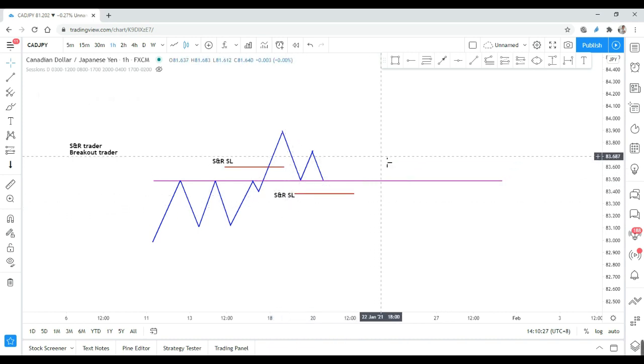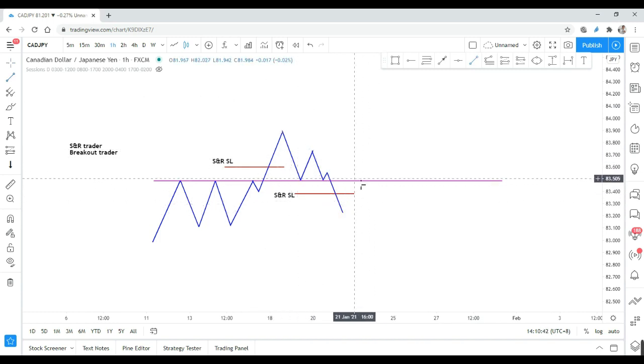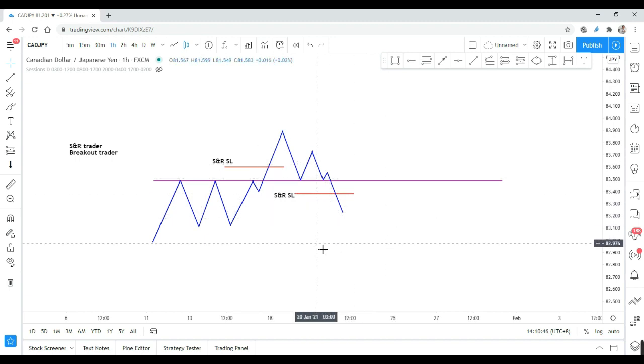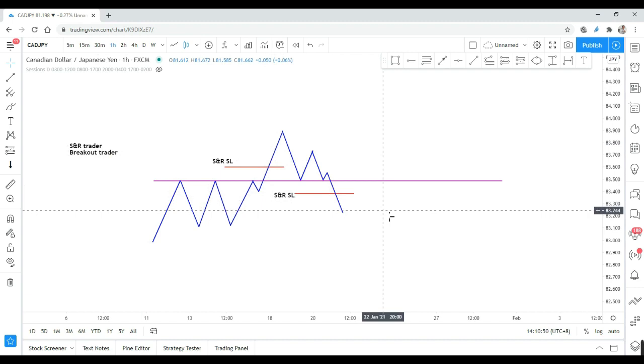What happened next is the price makes a small movement up, and then it dives down and stop hunts you. So you have to trade with a stop loss when using support and resistance.